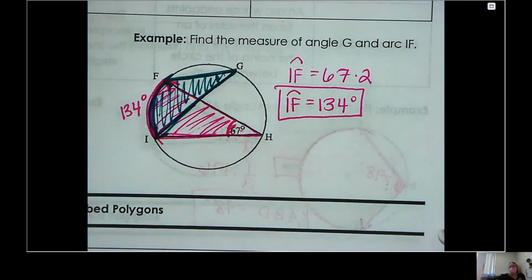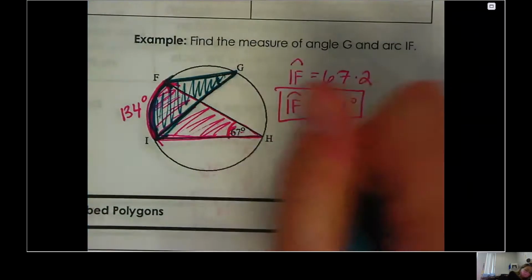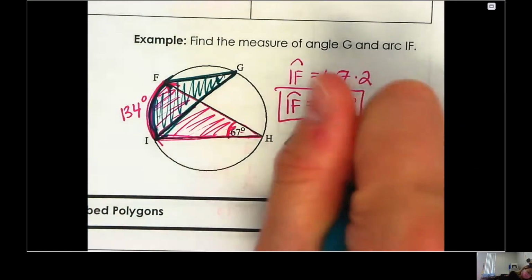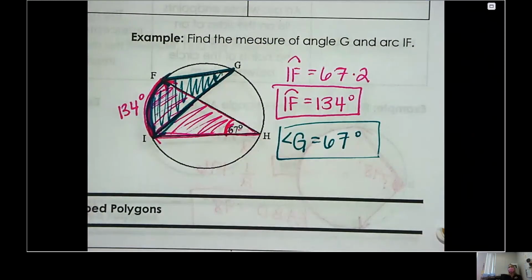It better be exactly the same as the other one because it's the exact same angle. So angle G is 67 degrees. That's the whole problem. If it opens up to the same arc, then that angle better be exactly the same because it's opening up to the same thing. Told you it was easy.